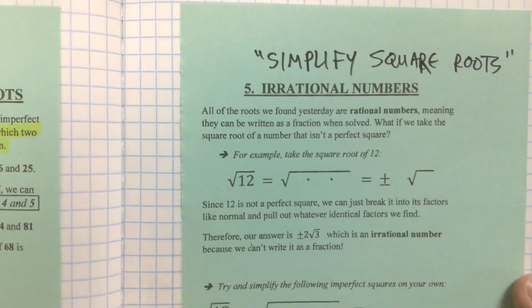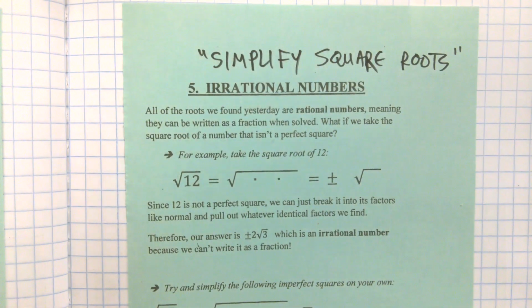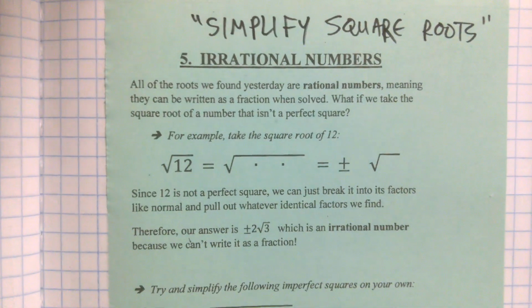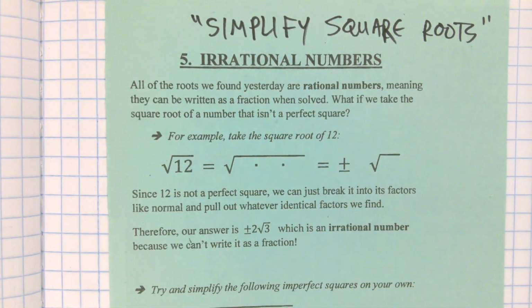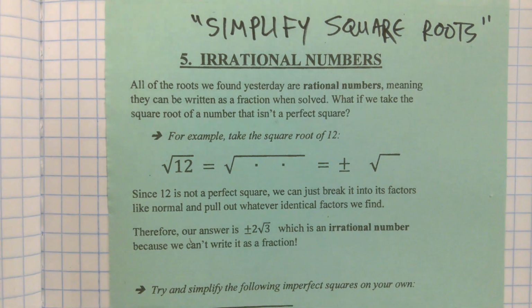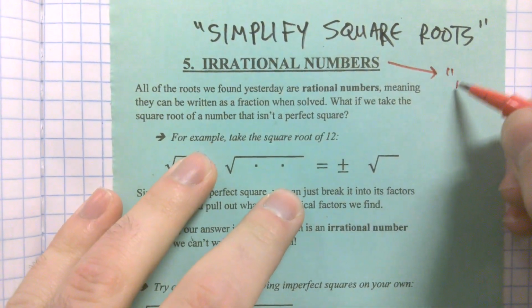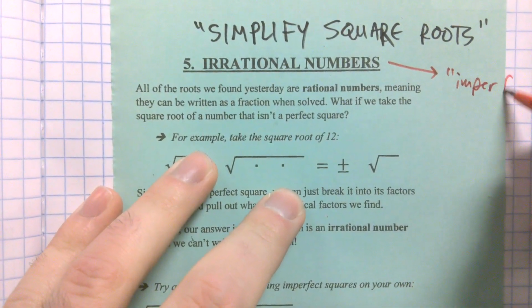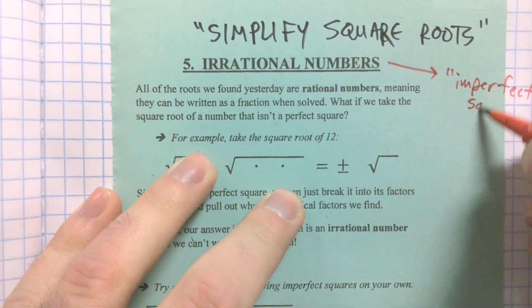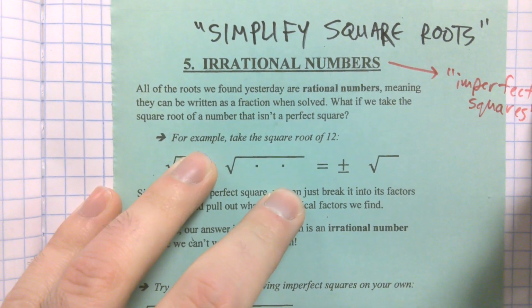Because estimating is finding where the number falls between. Simplifying is actually finding a number. And we're going to only be dealing with irrational numbers, also known as imperfect squares. It's not what they're known by, it's just what I call them, imperfect squares.